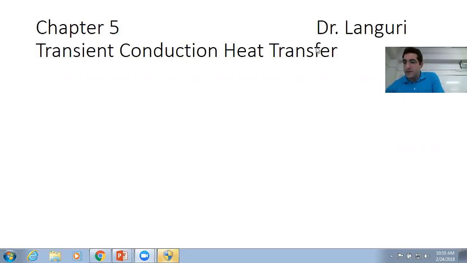So what we talked about so far is mostly a steady state condition, right? The boundary conditions on the walls are consistent, fixed.